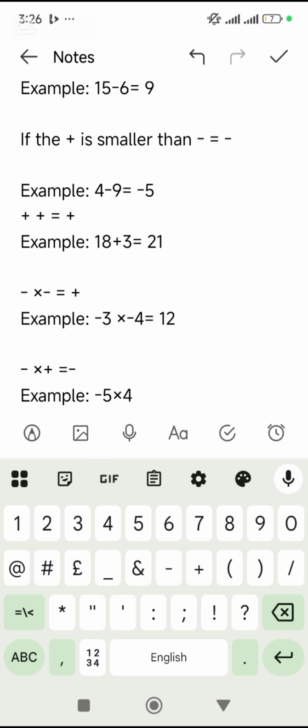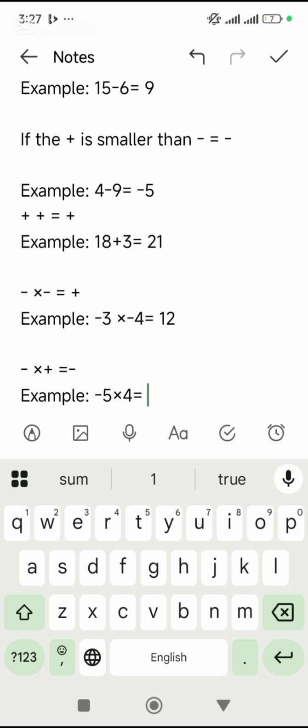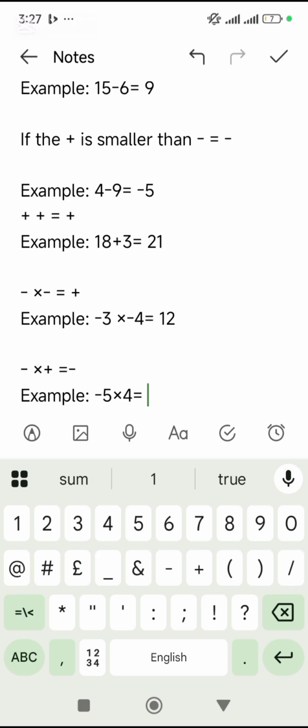You know the 4 is plus already. I don't want to include too many signs. So 5 times 4 is 20. Minus times plus is negative, so that will be minus 20.